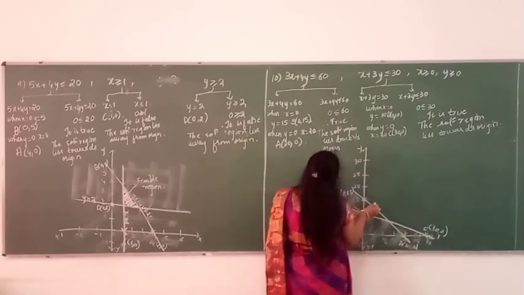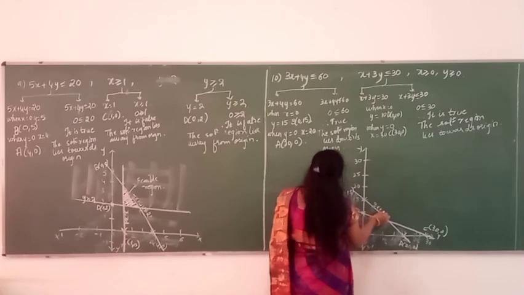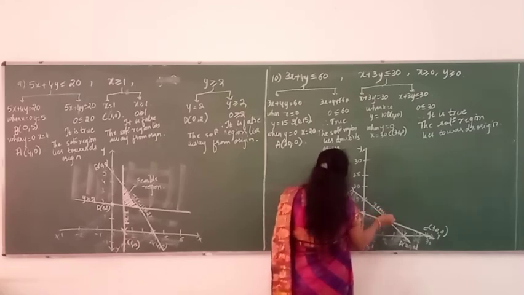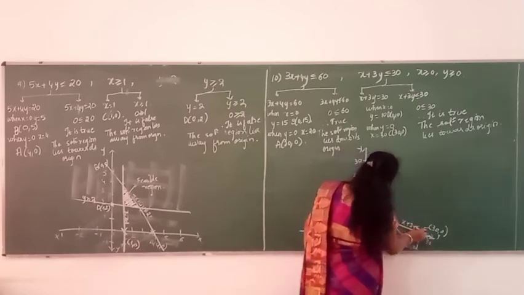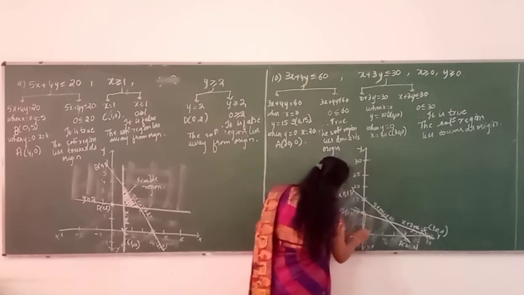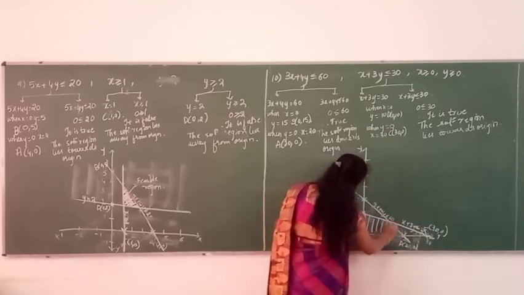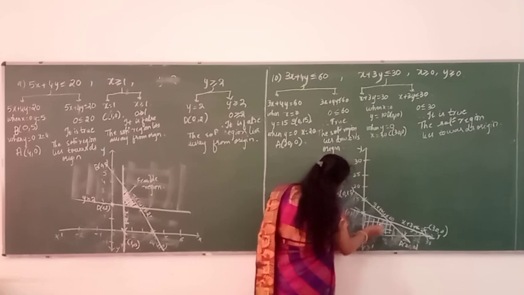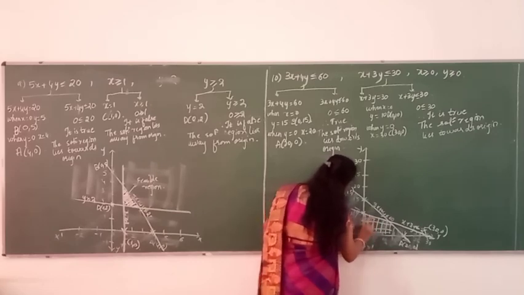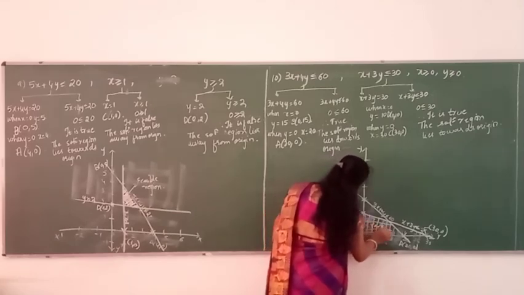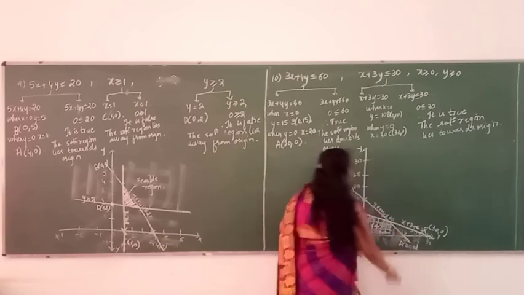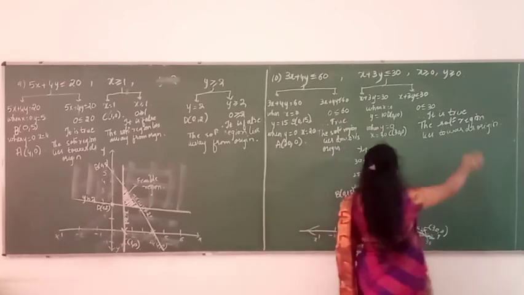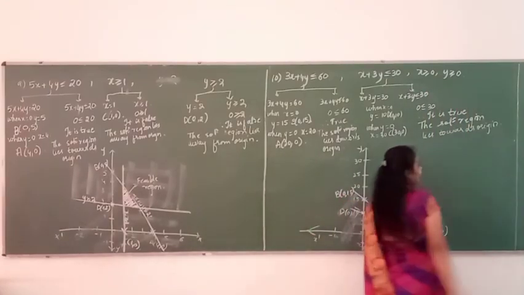So this inequality is nothing but 3x plus 4y is less than or equal to 60, and the next one is x plus 3y is less than or equal to 30. So we will be getting a feasible region here. So here we are left with the constraints, that is x is greater than or equal to 0 and y is greater than or equal to 0.